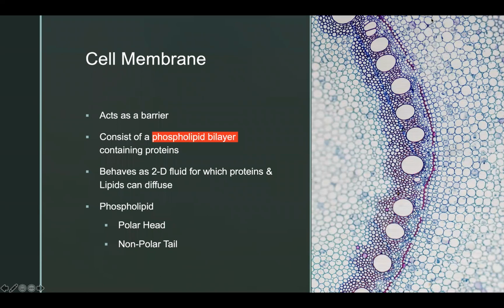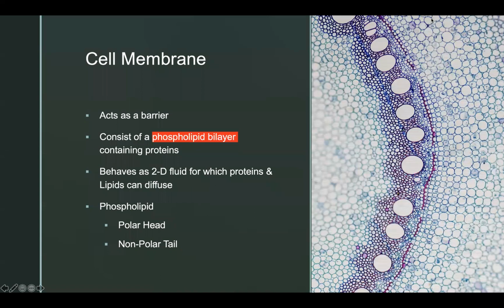And this phospholipid arranges itself into two sheet-like structures, right? These leaflets, so two sets of sheets where the heads are both facing outward, right? And the tails are facing each other on the inside, right? And so we get this bilayer structure forming, okay?